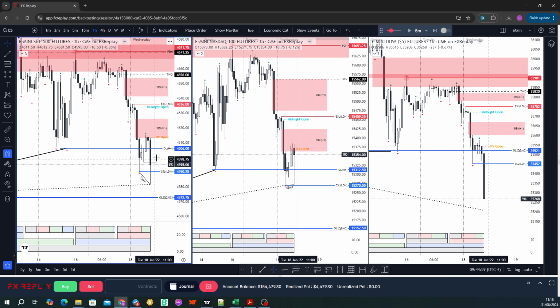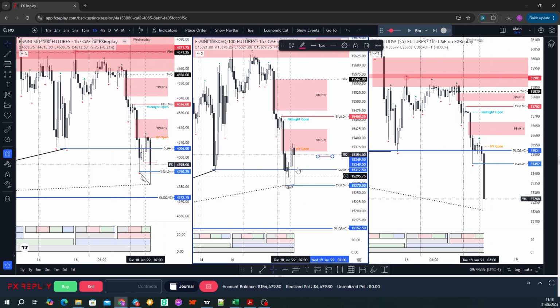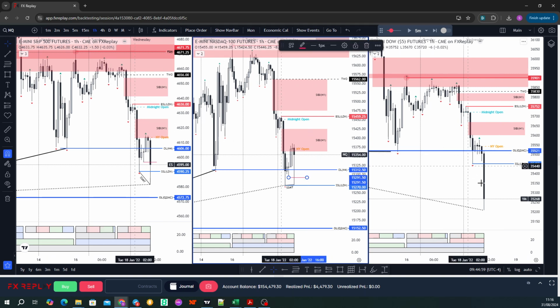I don't have one, so let's just make that this color. Okay, copy that. So NQ. Remember that most of the volume is the bodies. And YM. So obviously close that.